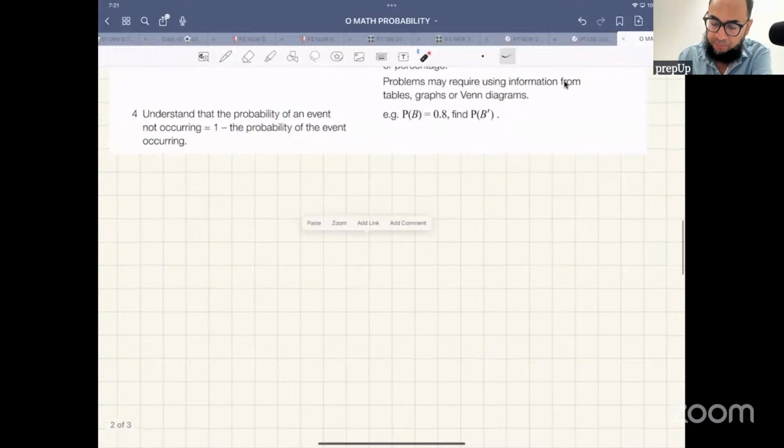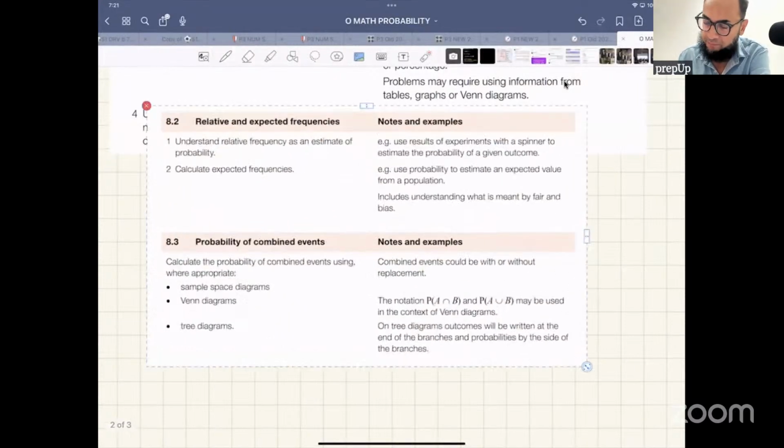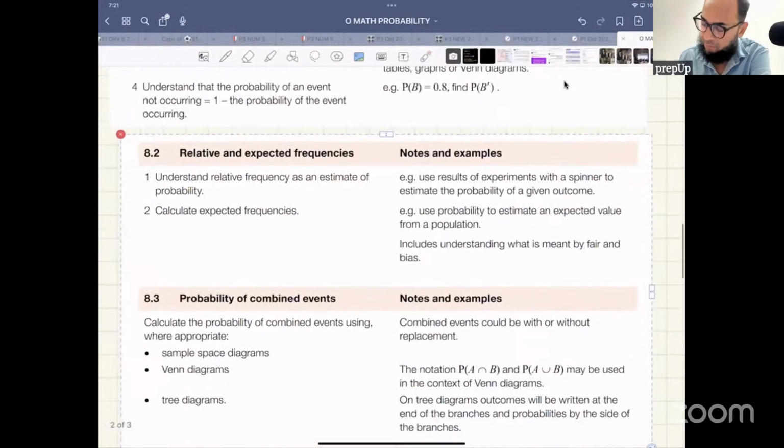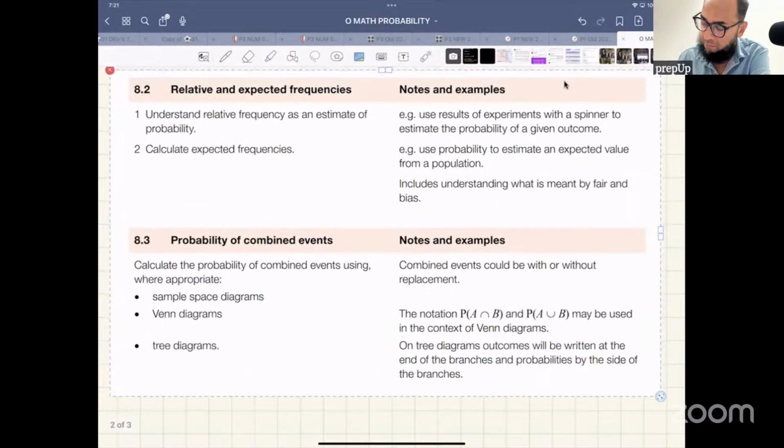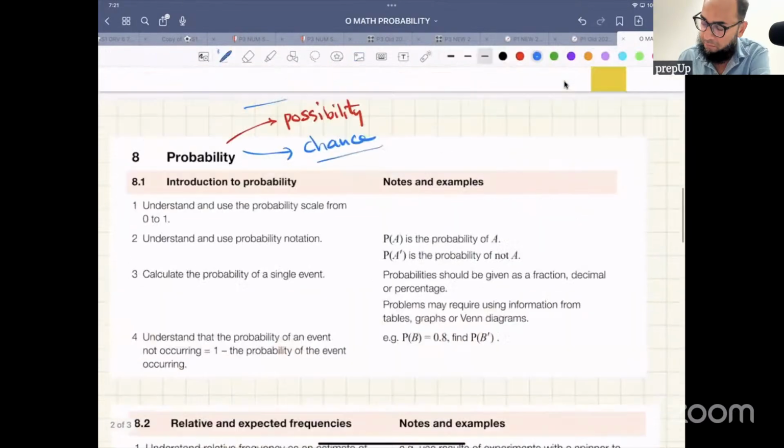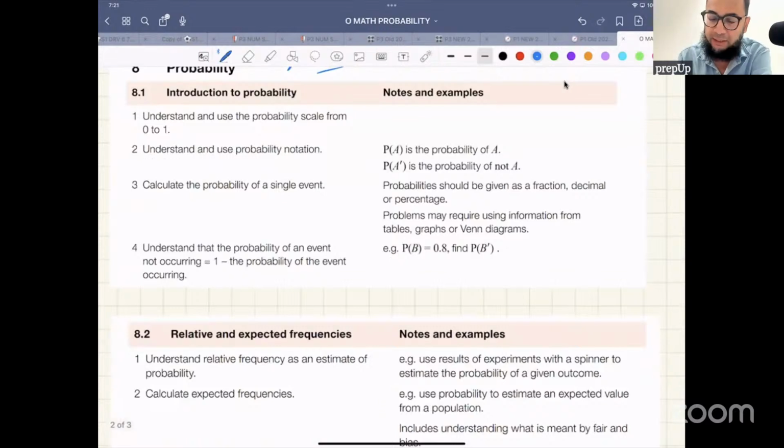So let me paste it over here. Okay. So now it's about introduction to probability. So the first thing is the intro. Understand and use the probability scale from 0 to 1. I'll just first highlight them and then I'll go over each one of them.